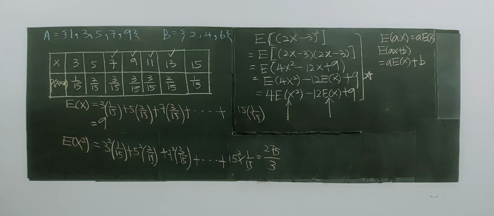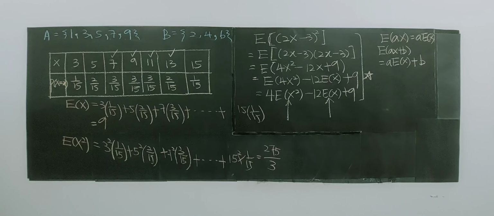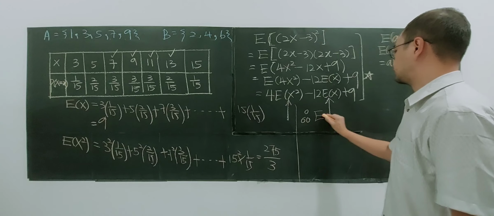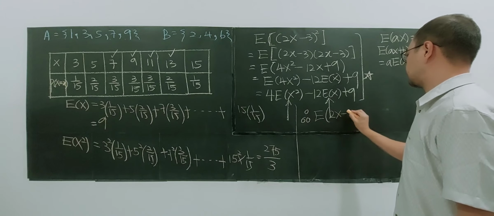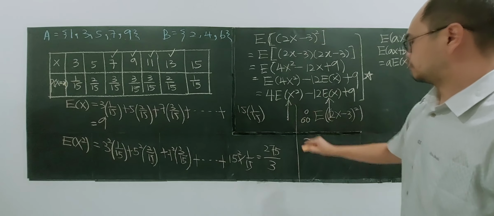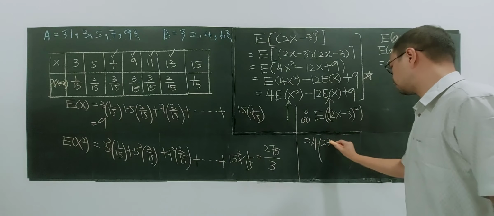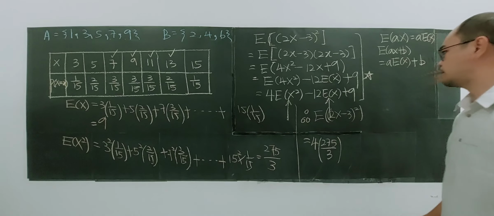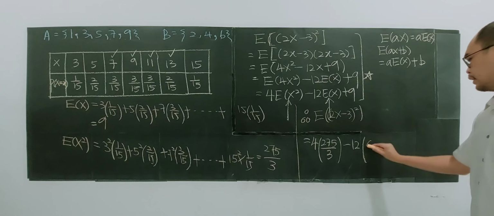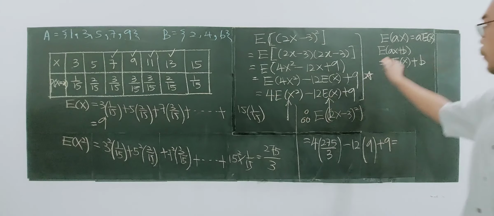As simple as that. Later on you're going to substitute this value into what is required by the question. So your expectation of (2X minus 3) squared is the same as this one after applying the property: your E(X squared) is 275 over 3, minus 12E(X), your E(X) is 9, plus 9.